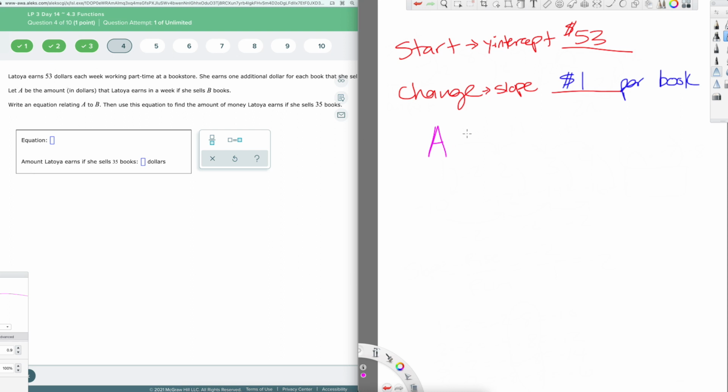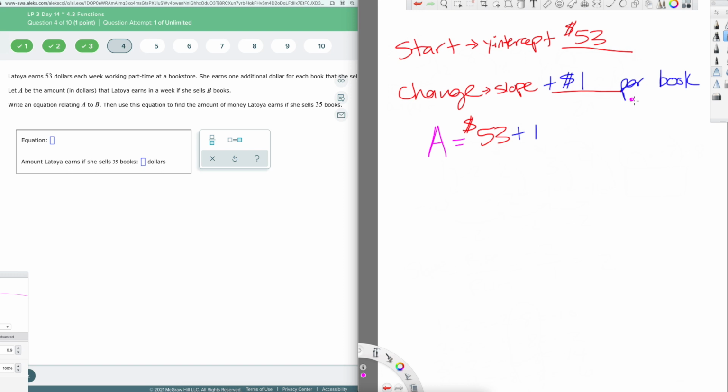And that's going to equal her starting point, because she has to make this $53. That's part of her pay. She gets that no matter what. Plus, because it's a change, it's an additional dollar. So that's a +1. So it's plus $1. But we don't want to just do $1. We want to do per book.